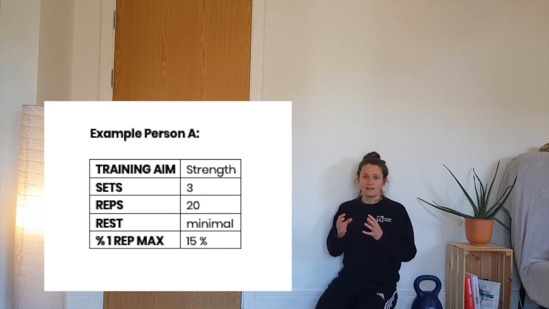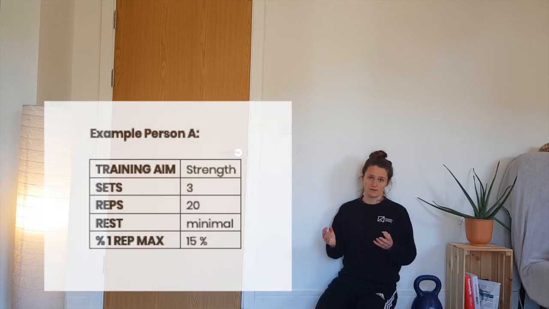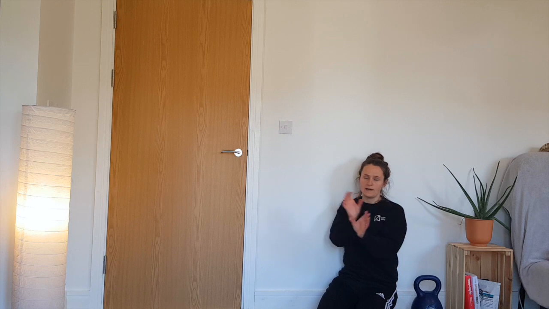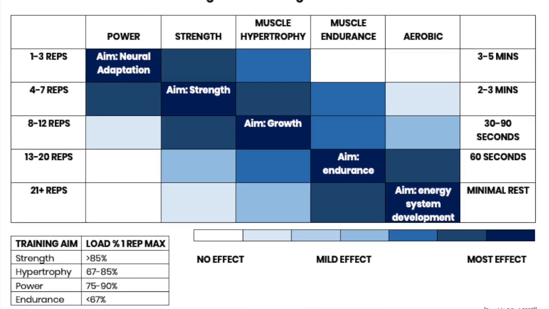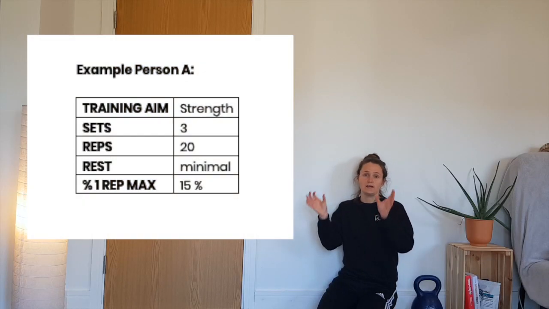Their training aim is to develop strength. As you can see, the person's training aim and their training parameters and variables are not matching up. Their training aim is to develop strength. However, their training structure and parameters are lined up to train endurance and aerobic capacity.